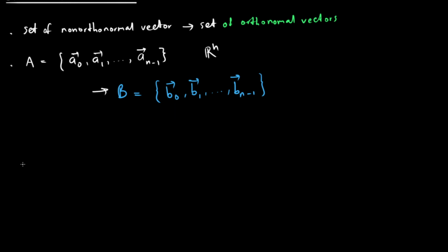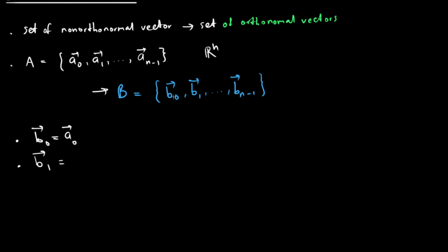To do that, we can set B0 equal to A0. For the first vector, we don't have anything to care much about, so we can set it equal. But the second vector, B1, should be similar to A1, but perpendicular to B0.